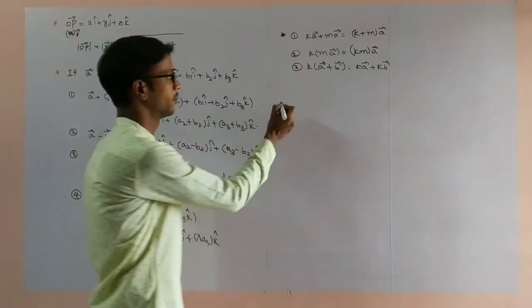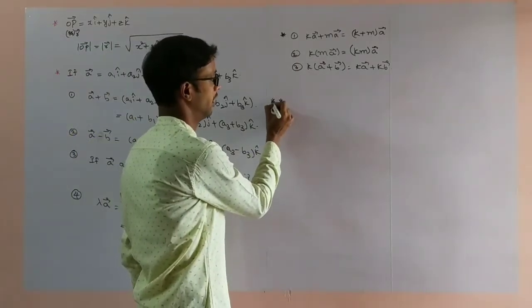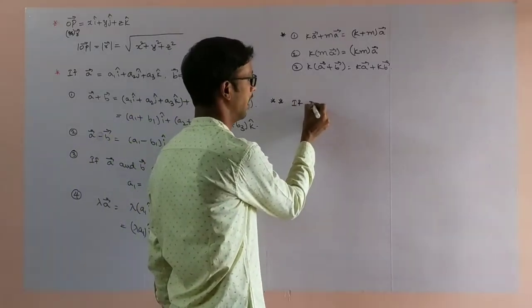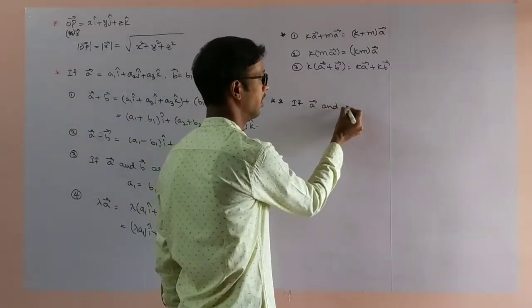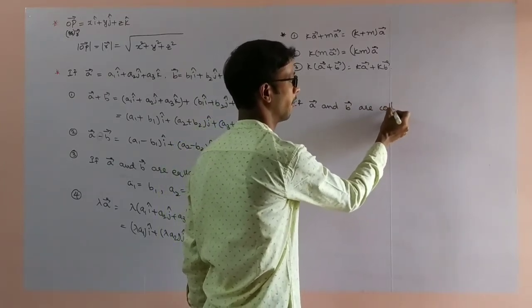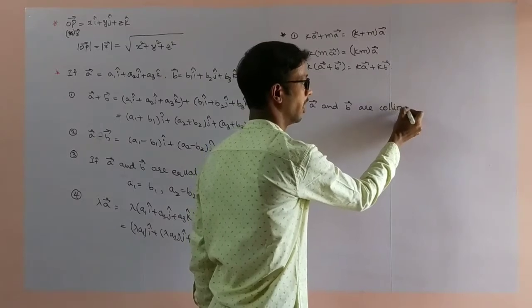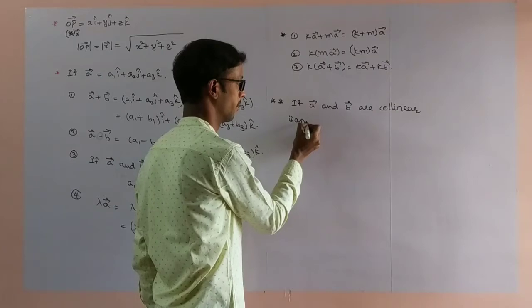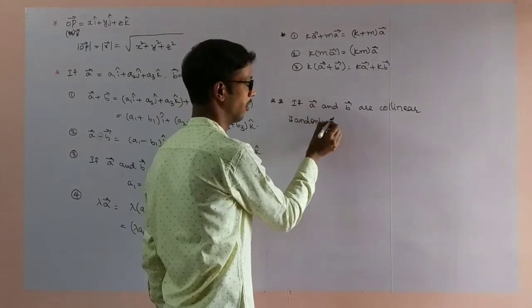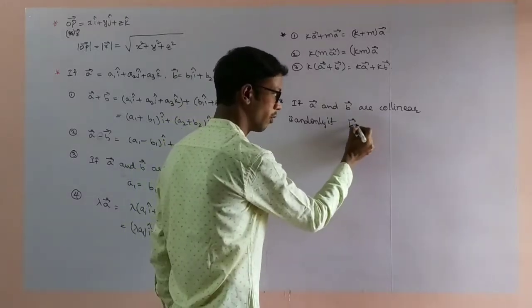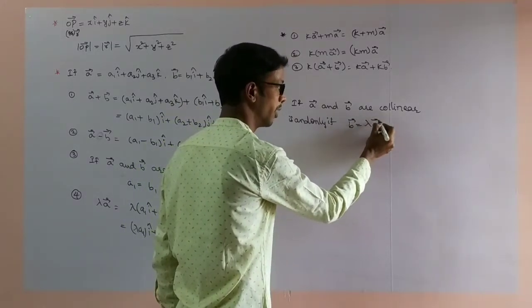Next, this is an important point. A bar and B bar are collinear if and only if B bar is equal to lambda into A bar.